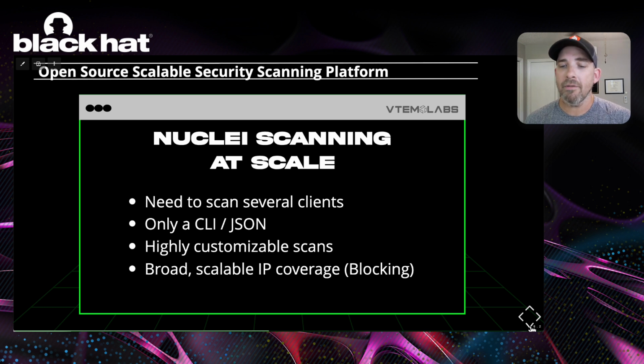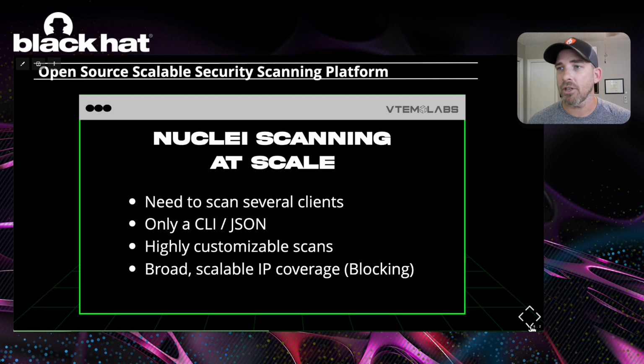So one of the problems we found is obviously the need to scan lots of clients, okay? And because Nuclei was giving us good results, we also realized, though, that it was just a CLI and JSON, so we needed to build some automation. There's no way we can scan 10 or 100 clients a week in a manual process.